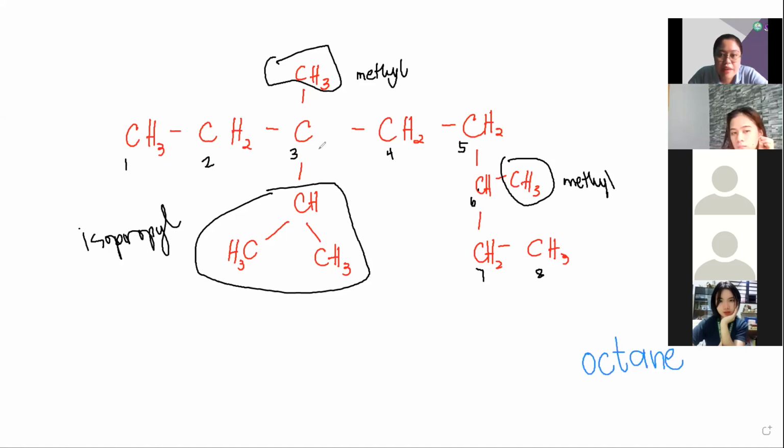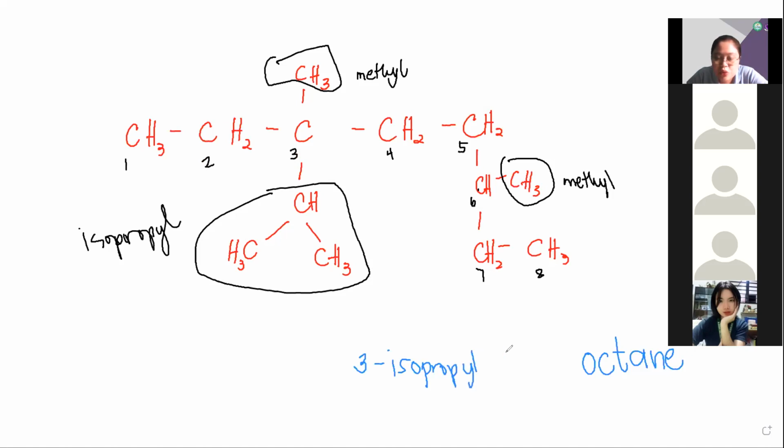Okay, so I hope naintindihan yon. So we have here isopropyl that is found on carbon number 3. So we will call this 3-isopropyl. Again, 3-isopropyl, and then dash, we have 2-methyl here. So we have also on carbon number 3 and carbon number 6.